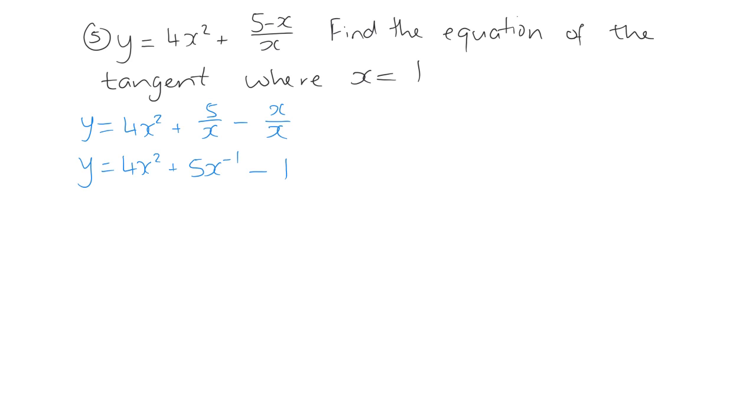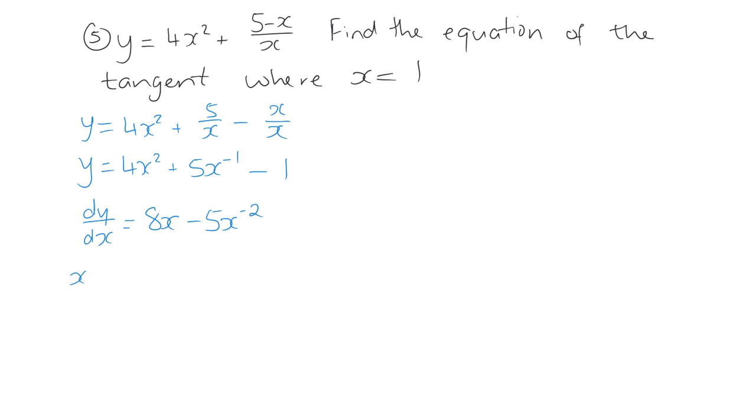So we get y equals 4x squared plus 5x to the power minus 1 minus 1. Now we can differentiate and we get 8x minus 5x to the power of minus 2.